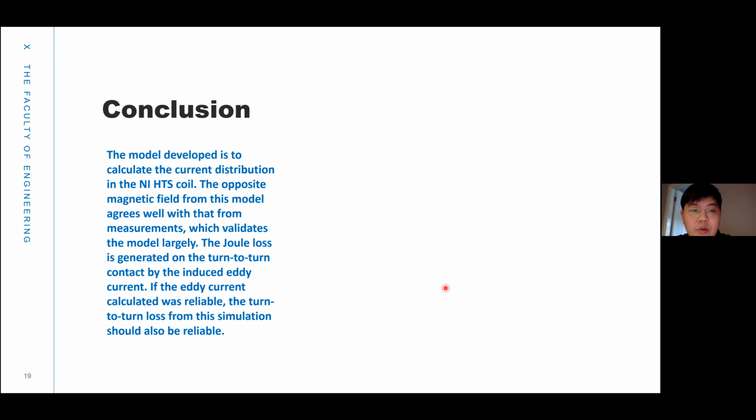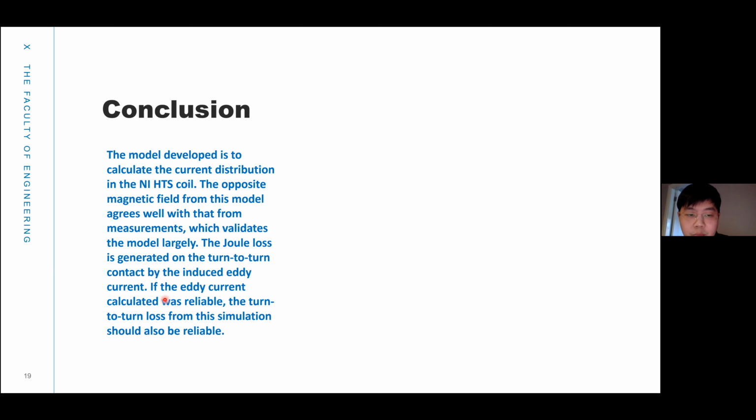Okay, the conclusion. Our model has been developed to calculate the current distribution in the NI-HTS coil, and the opposing magnetic field from this model agrees well with the measurement, which validates the model. The AC loss is generated on the turn-to-turn contact by the eddy current.